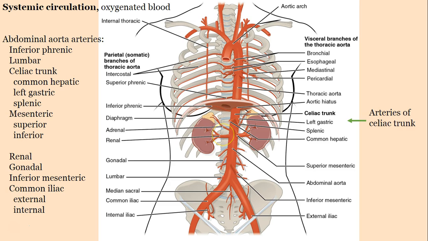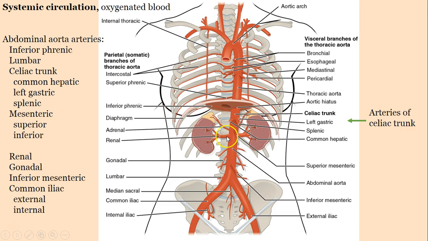Mesenteric, we have a superior and inferior, and these, it doesn't show, but I'll have a diagram in a little bit that will show you that these are connected to parts of the lower digestive system, like the colon. Superior and the inferior down below, because the colon is going to wrap in a horseshoe shape like that.